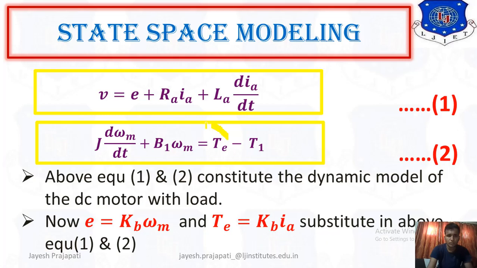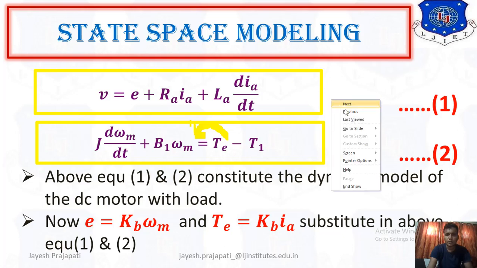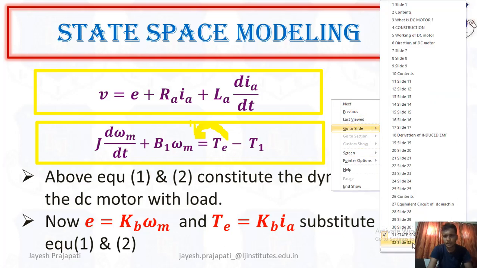So it becomes positive to negative. So the equation becomes minus kb into ia divided by j is equal to minus t1 divided by j. You can see this in the next slide also.